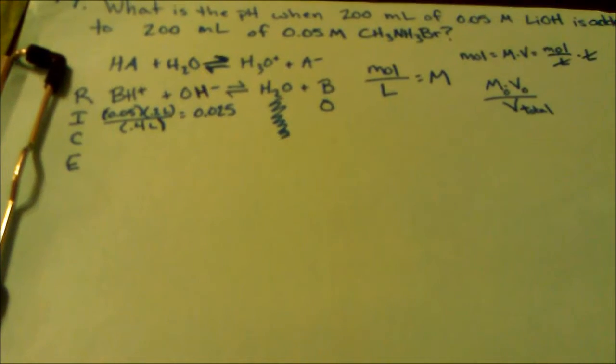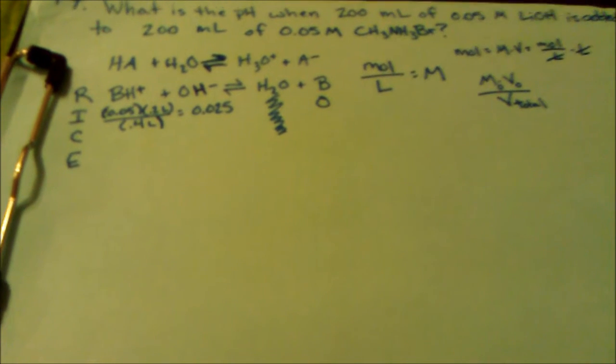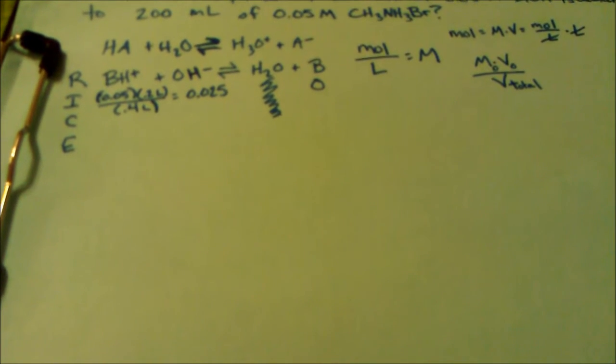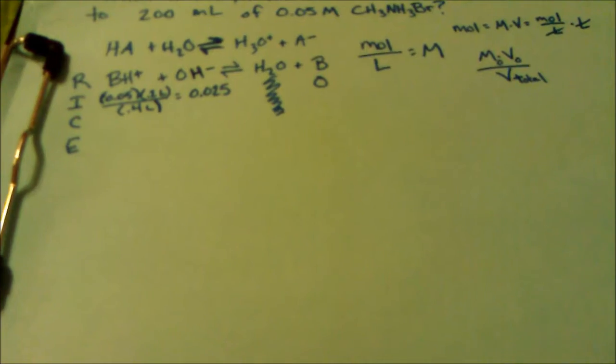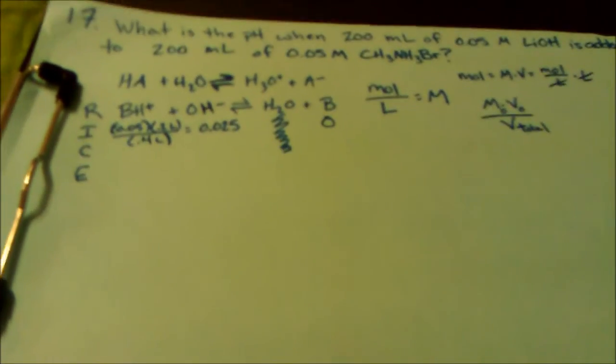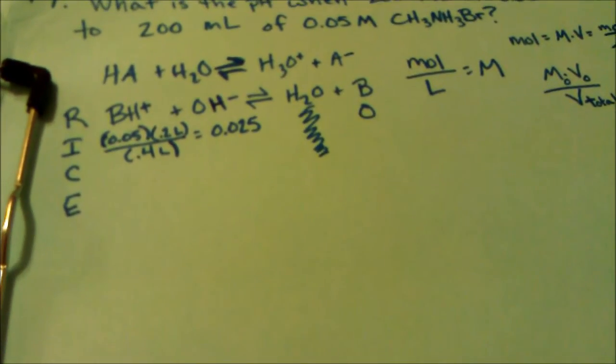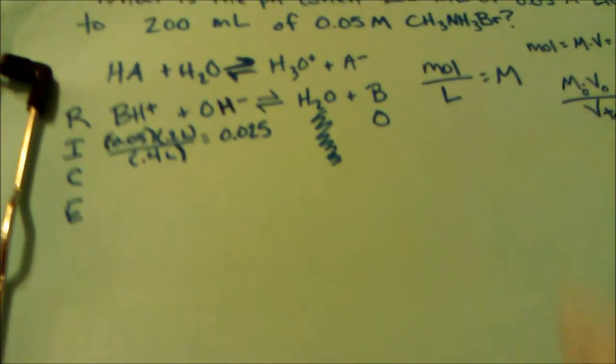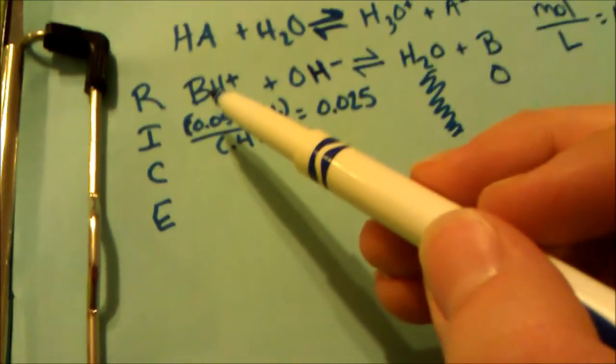methylamine. So the first thing that we have to recognize at this point is that we have a solution here with a strong base, OH minus. And in solution, OH minus is going to completely neutralize. It will steal whatever protons it can from the nearest species it can find, which in our case is going to be our weak acid right here.